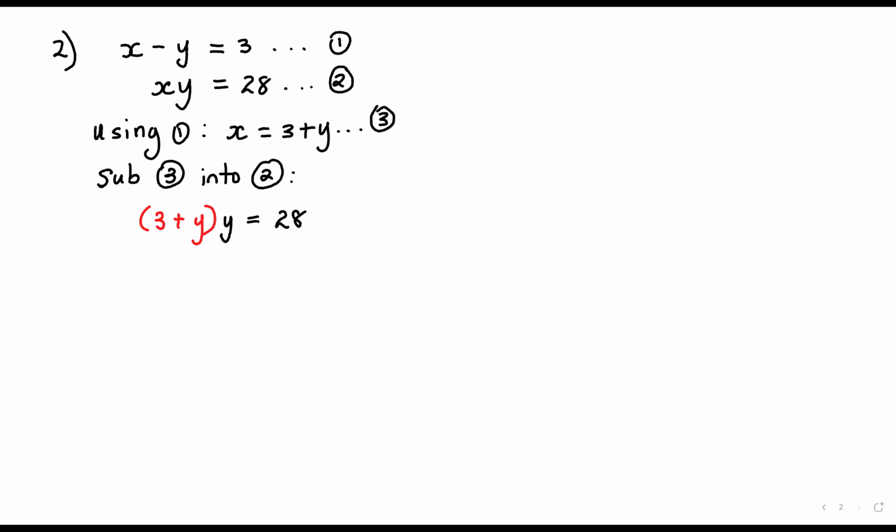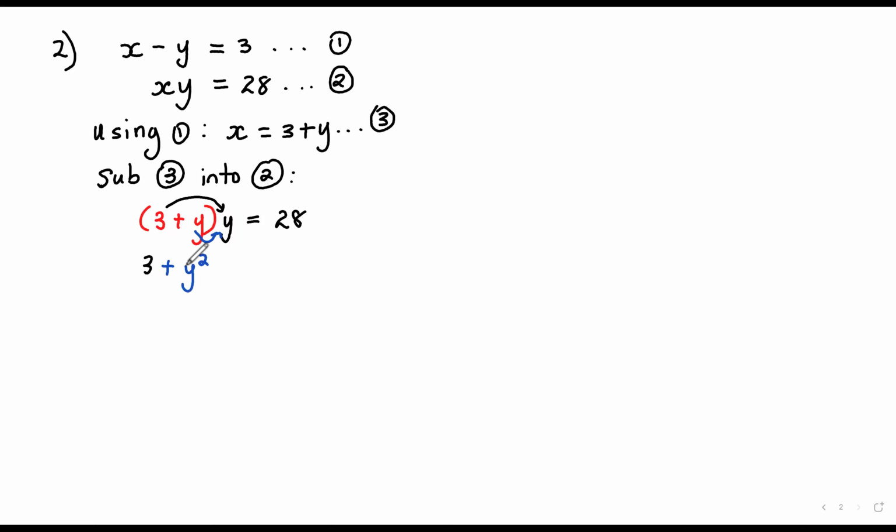So now I remove these brackets to simplify the equation even further. So 3 plus y times y literally means you have to multiply y by every single term within the brackets. So you'll say 3 times y will give me 3y, and then y times y will give me y squared.